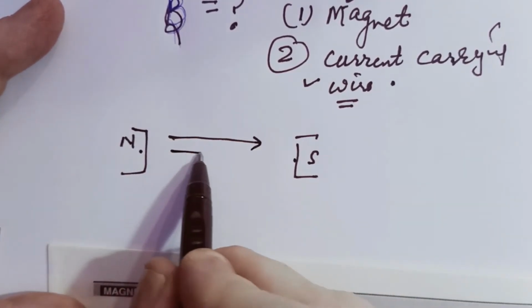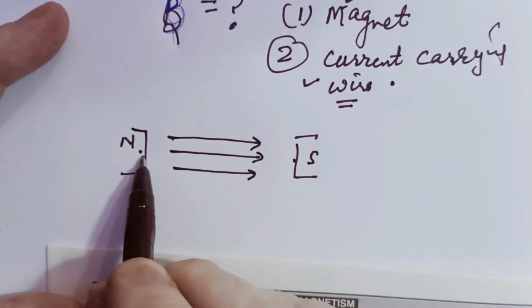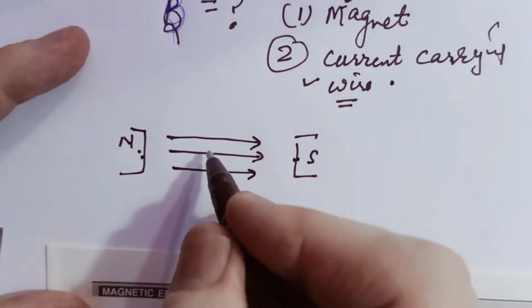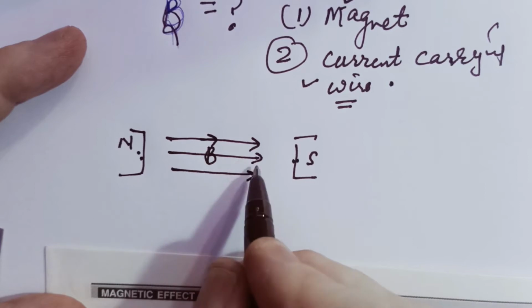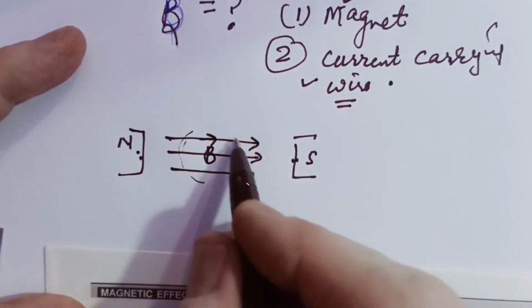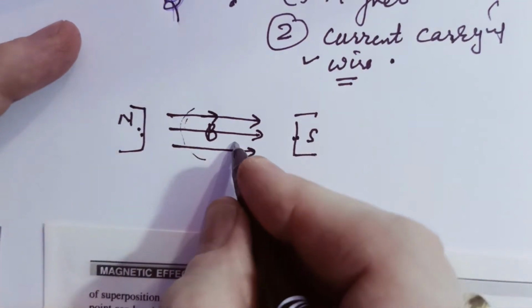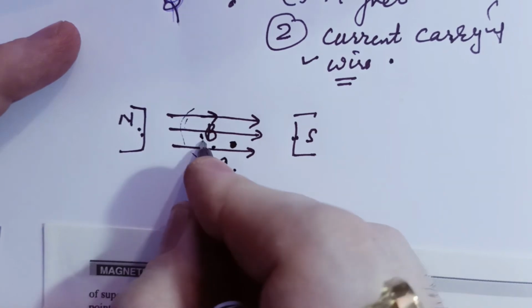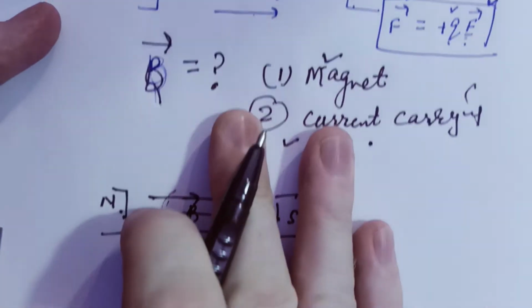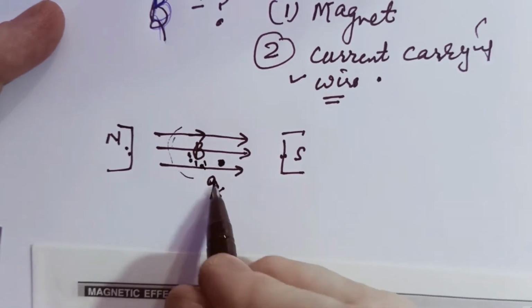These are the magnetic lines, north to south pole. Here the magnetic field is also uniform, meaning it is constant. Let me assume it is constant in this space. Now what happens if we have a charge Q here in the magnetic field B? Whether the charged particle will experience a force or not.